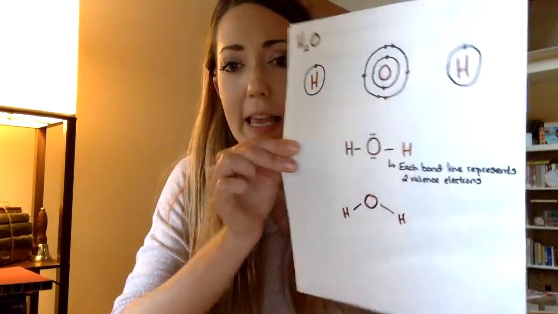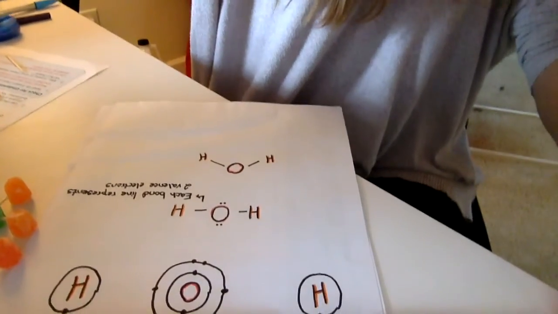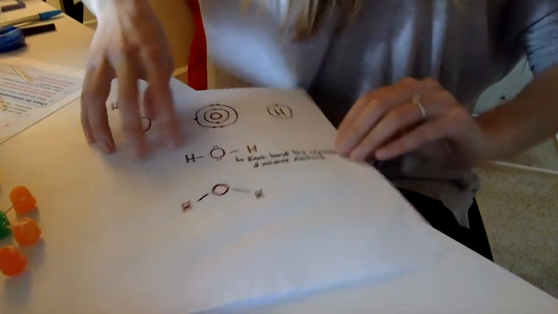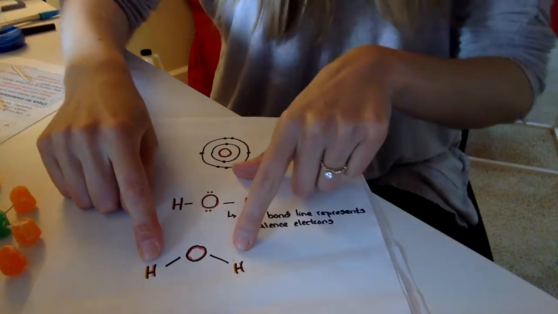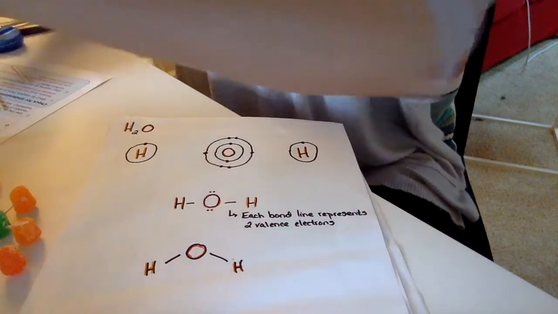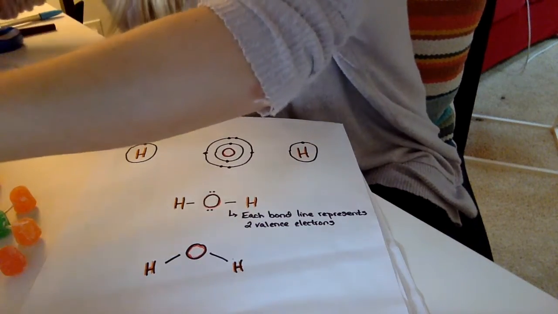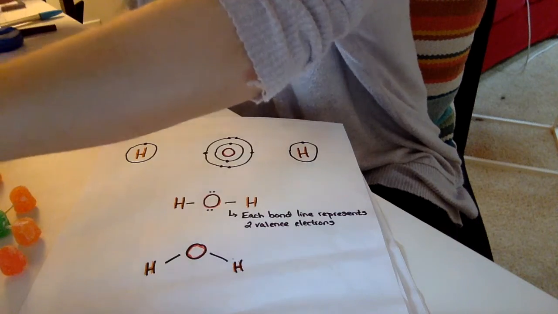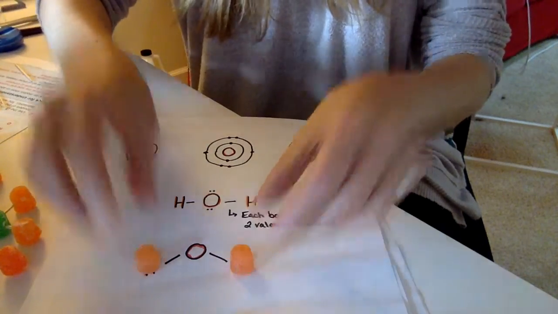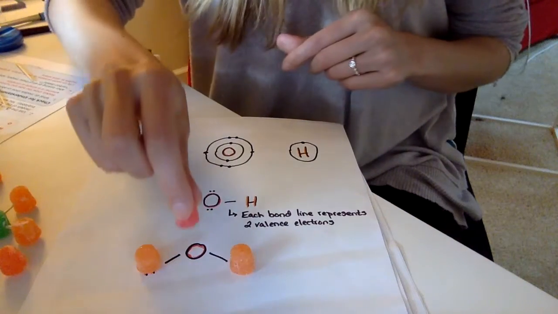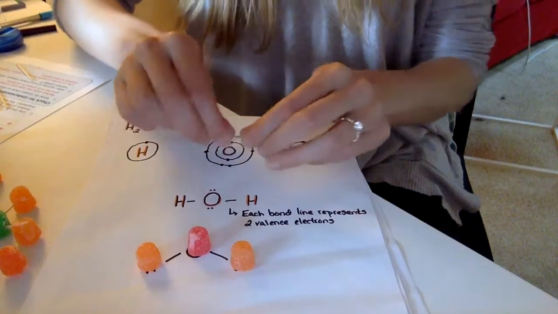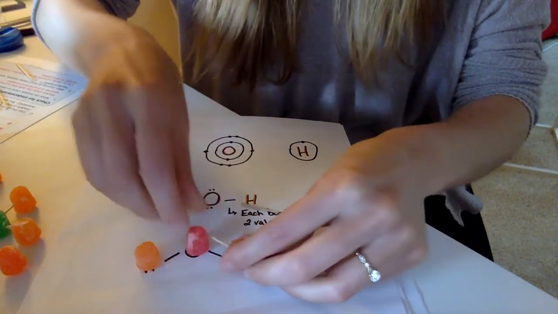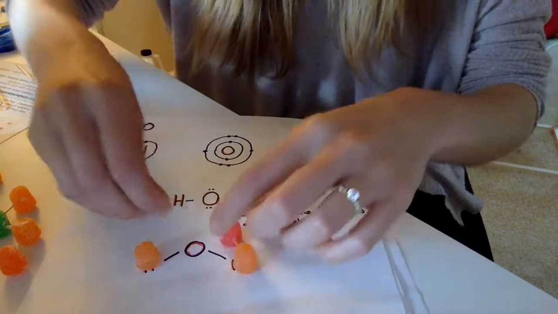So what I did then was, let me tilt the camera down and see if I can show this to you. It's going to be backwards. Let me flip this around. There we go. So what I did then was I've got my orange hydrogen. So then I took my orange gumdrops, and then I took my red gumdrop, and then I knew that I needed to take my toothpick and bond them.